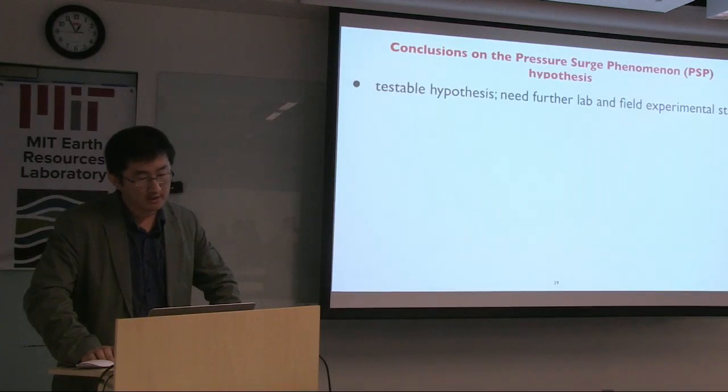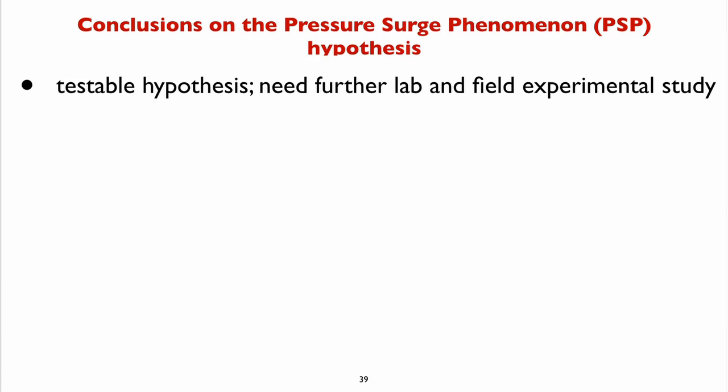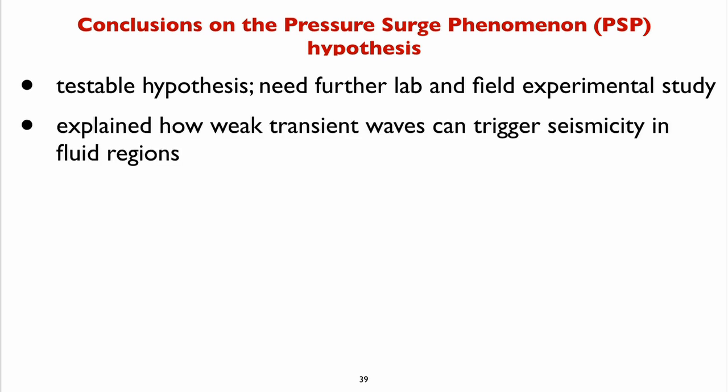The conclusion is that this is a testable hypothesis. Right now we are doing laboratory verification of the pressure surge phenomenon itself. We're not triggering earthquakes, just verifying that this phenomenon exists. That's a 2-year project by NSF. This mechanism seems to be an attractive alternative to the critically stressed state.